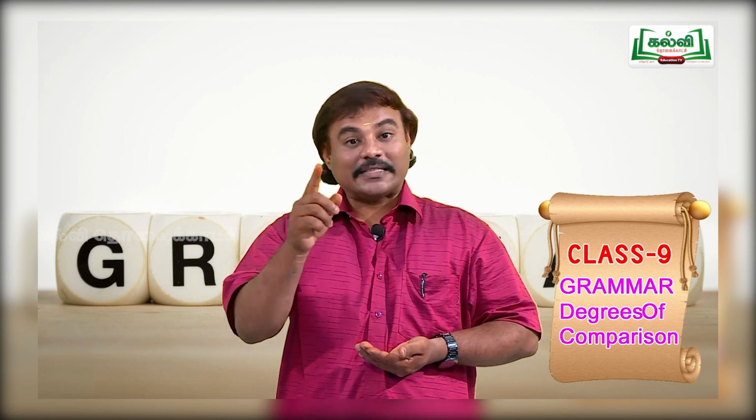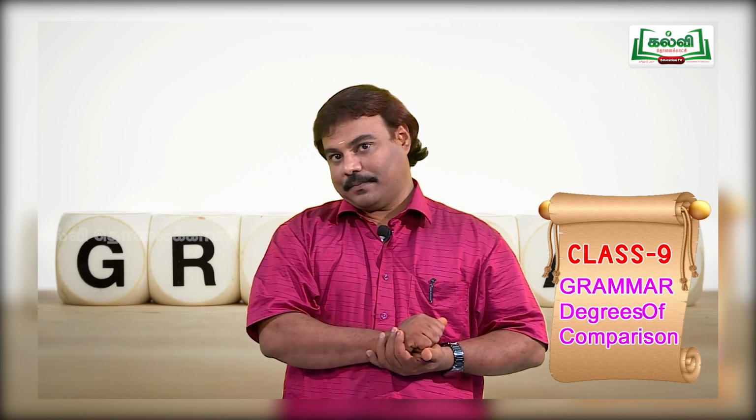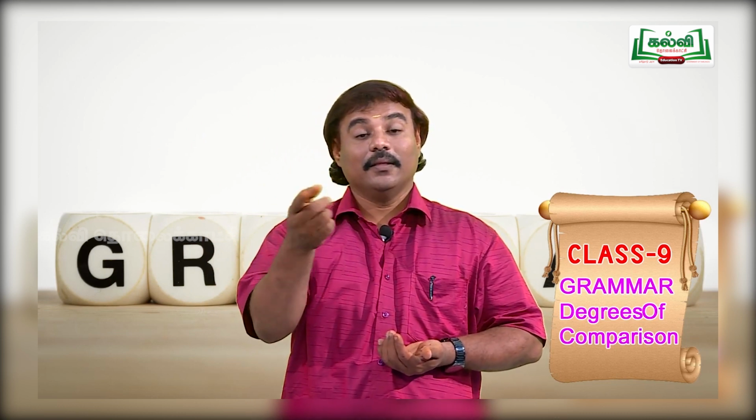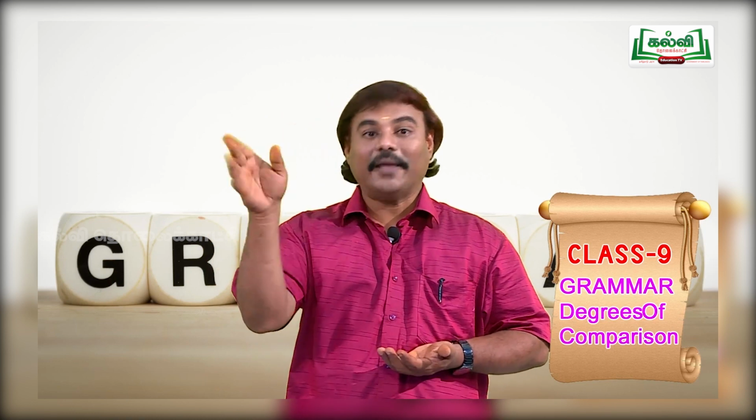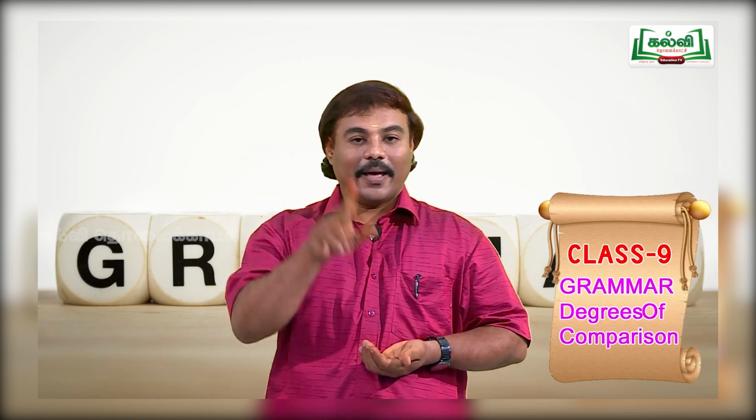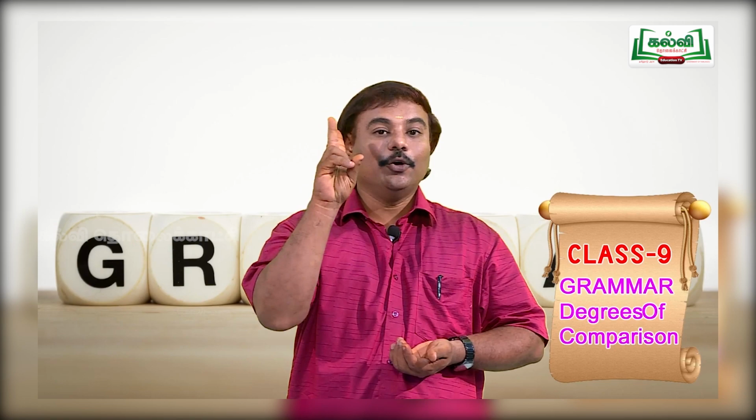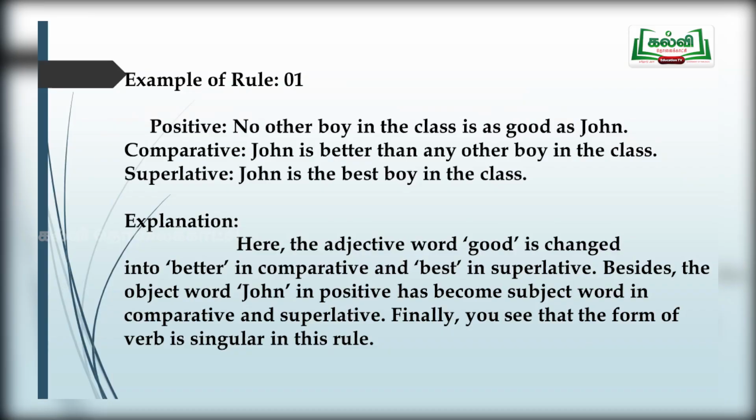John is compared with whom there? John is compared with the boys in the class, the boy in the class. Comparative degree has only 2 persons, John and the other boy. We do not know the other boy there, isn't it? So, boy is a common noun, John is a proper noun, or John is the subject, boy is the object.